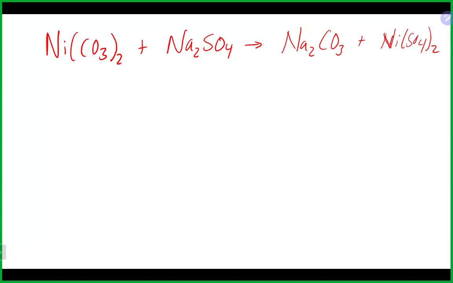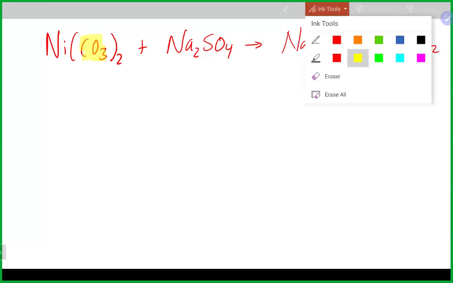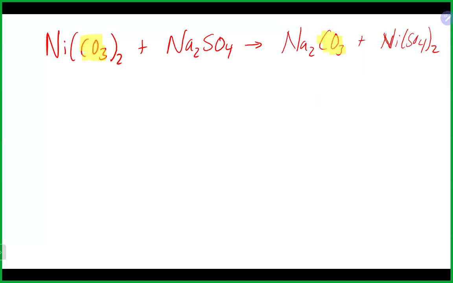You got some carbonate here, and you got some carbonate over here. You also have another polyatomic ion on both sides. You got sulfate there, and you got some sulfate over there. So in this case, we have a couple of polyatomic ions on each side.